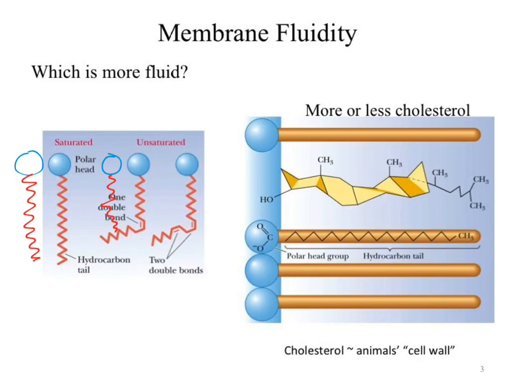If it can't possibly move, what's going to happen? It's going to keep it stable. It's going to maintain straight chains for our saturated fatty acids around it. If those maintain their straight chain formation, what happens to the fluidity? It goes down. Okay? It becomes less fluid. So cholesterol actually prevents a fluid membrane.